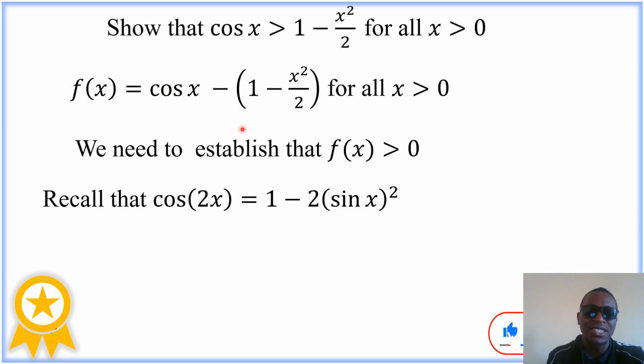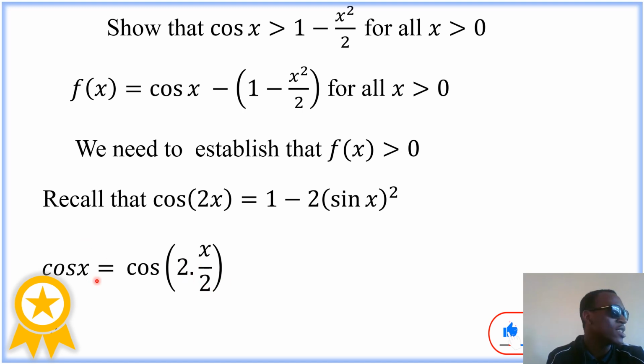Cos x can be written as cos 2 times x over 2, because the 2's cancel and I'm left with x. So these two identities are still equal. From this stage, we will now apply the identity. My angle is now x over 2, so anywhere I see x in this identity, I'll replace it by x over 2. I hope you're understanding.